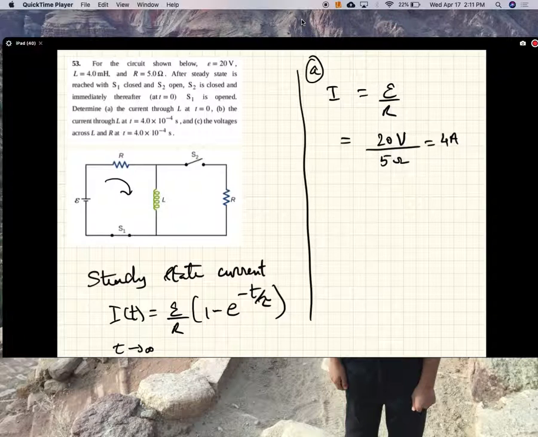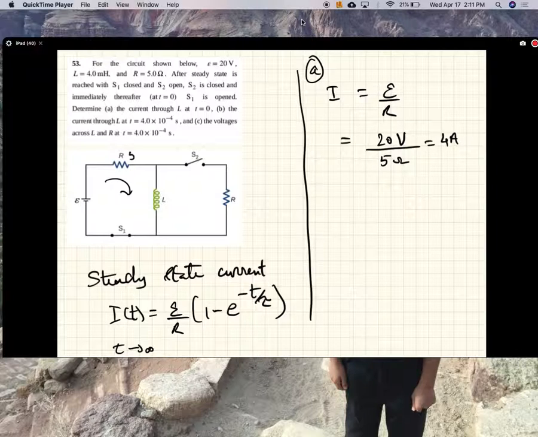B, the current through L at t equal to 10 to the minus 4. Both the resistors are 5 ohms.